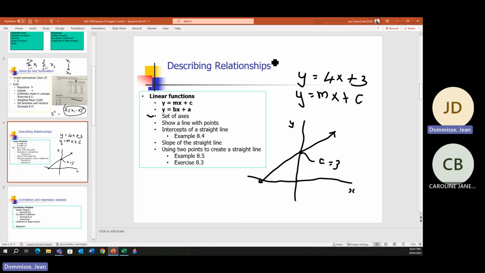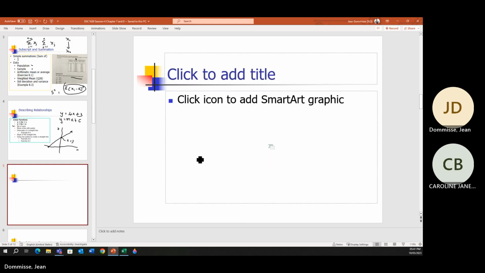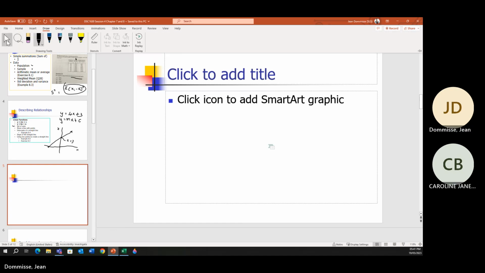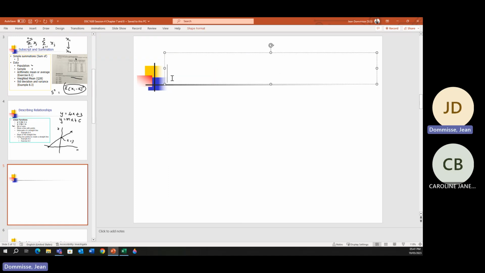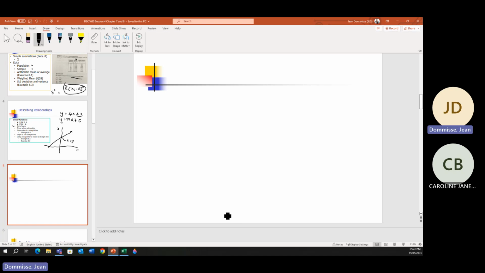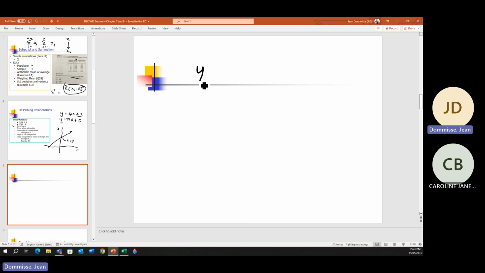So let's say that was the formula. Let me just quickly write down, let's say the straight line was 5x plus 20. Okay, so that is our straight line.